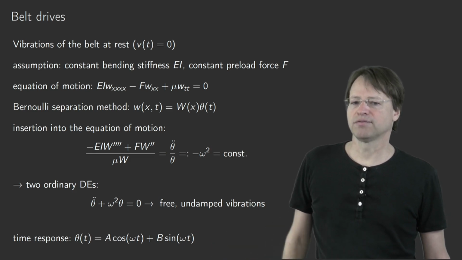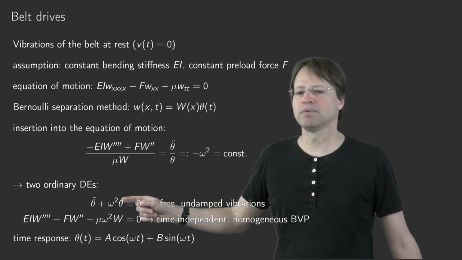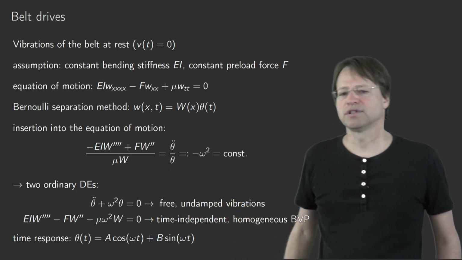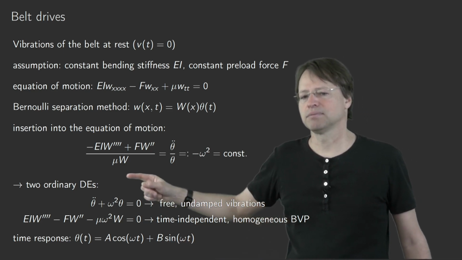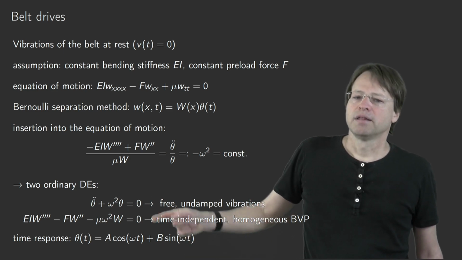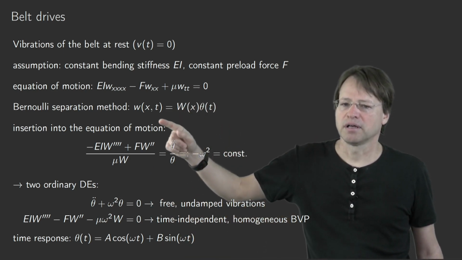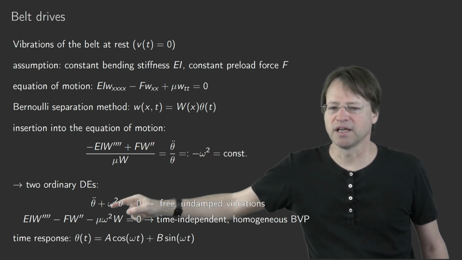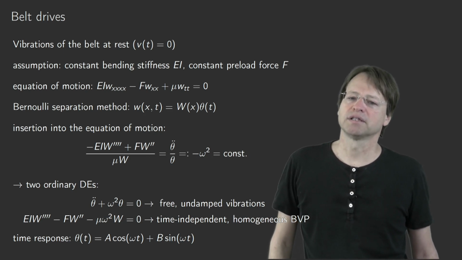The second one looks a little bit more complicated. It's bending stiffness times fourth order derivative minus f w double prime. So I changed again the sign here. Then we would have a negative sign. We put it on the left hand side, get a positive sign. We multiply it by minus 1. We get again a negative sign of minus mu omega squared w.